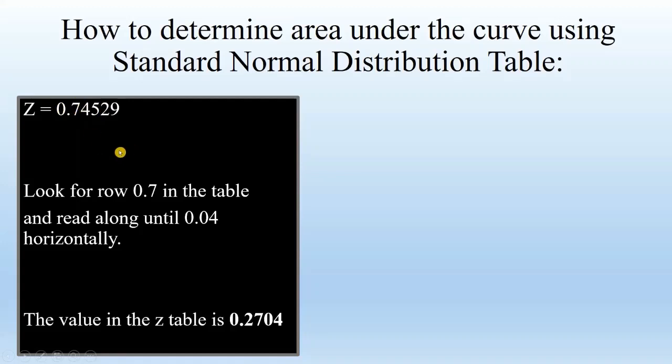Now the second step is to select the first 2 numbers, and here it is 0.7, and then you will have to search for this 0.7 under the Z column vertically. So let me show you how to do that.